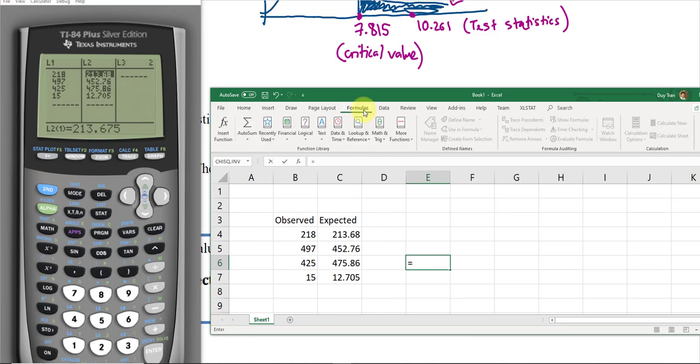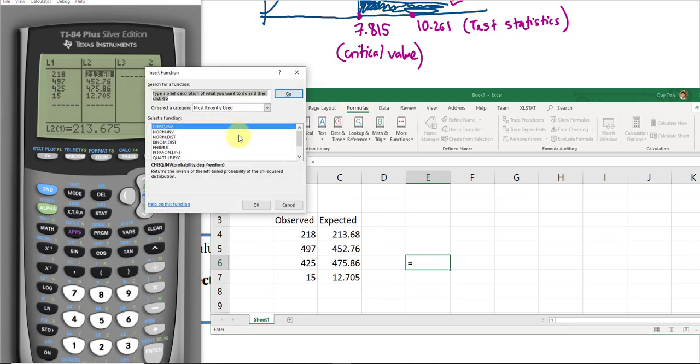Now in order to do the testing in Excel, you press the equal sign, go to formulas, insert function, choose statistical, and then look for the chi-square test. Going slowly here, the chi-square test is right here, CHISQ.TEST.